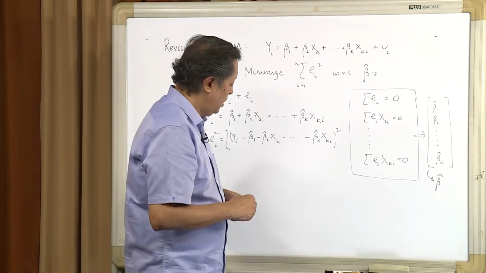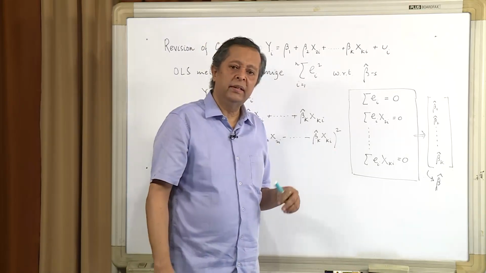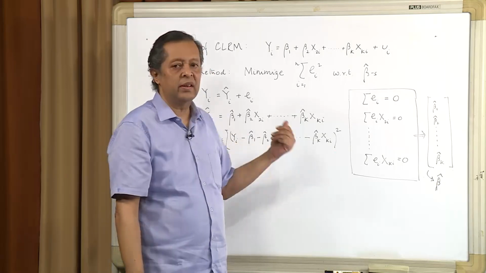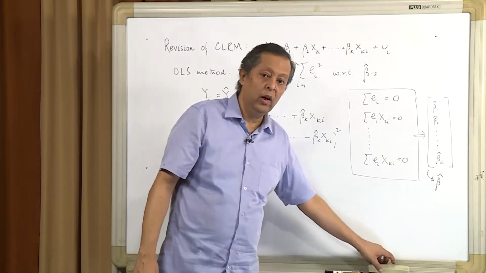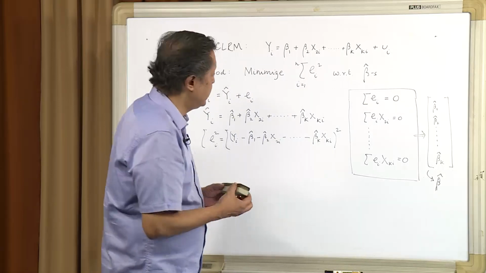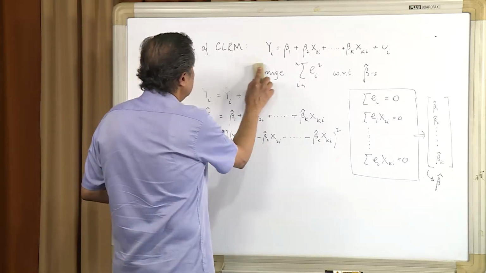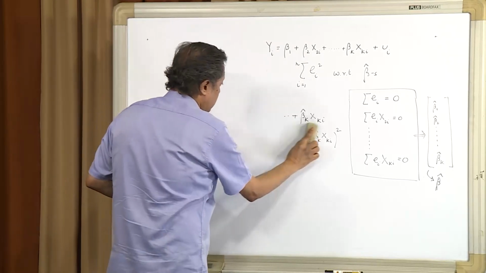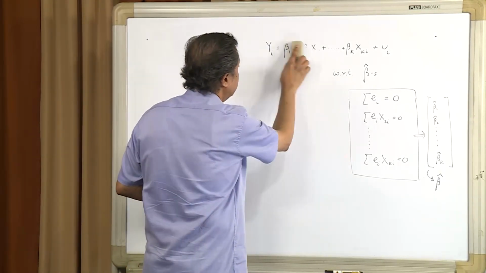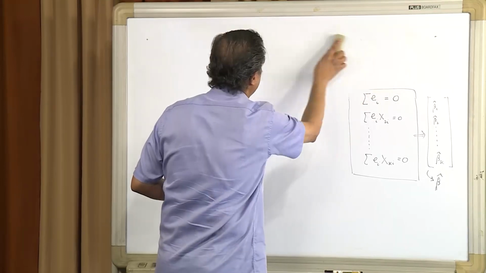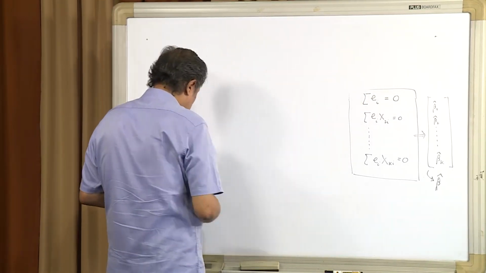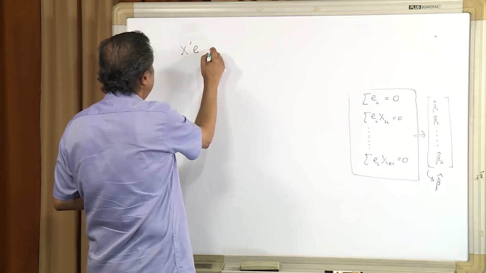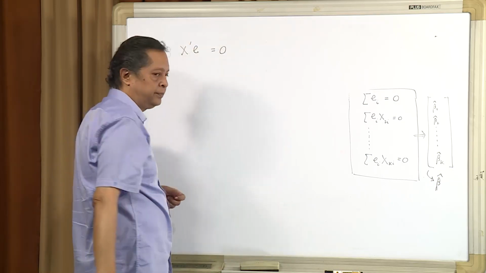Now, if we have more than 3 variables, then it becomes unwieldy to use equations like that, which is why we often use matrices. So, in matrix form, it is convenient to write the normal equations as X prime e is equal to 0.